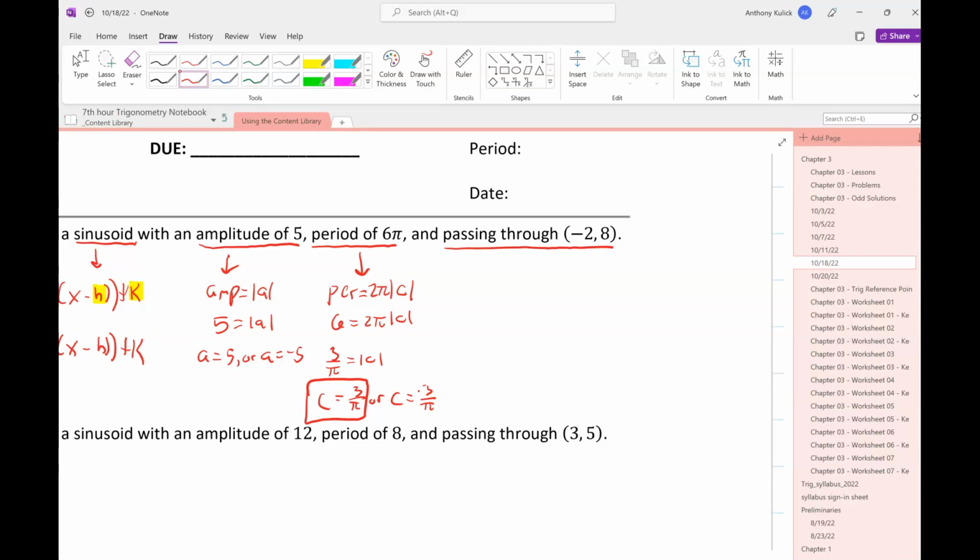So we have a choice then. We can choose to have negative 2, 8 fall wherever we want on our function. It could be a midpoint, a maximum, or a minimum. It doesn't matter. We get to choose. Everybody okay with that? What's going to make the easiest choice?